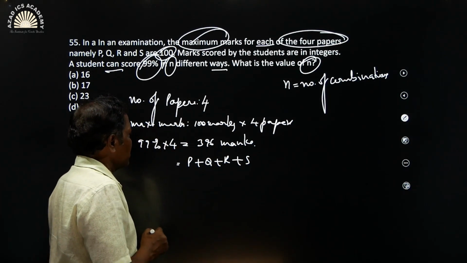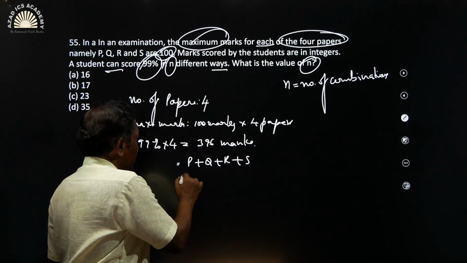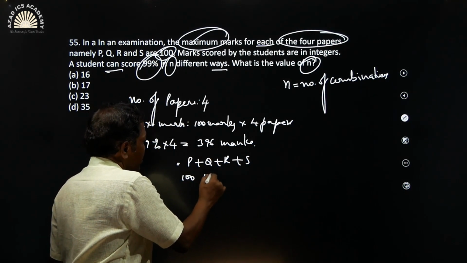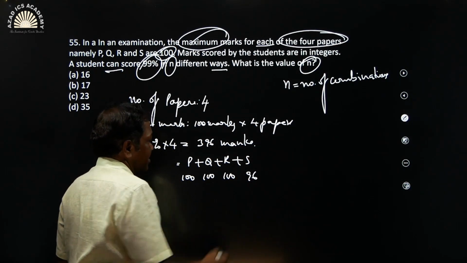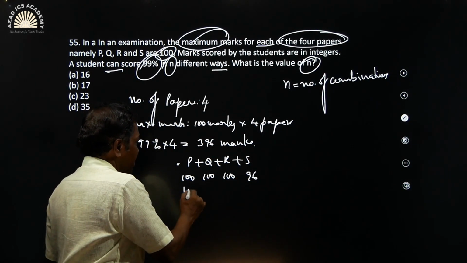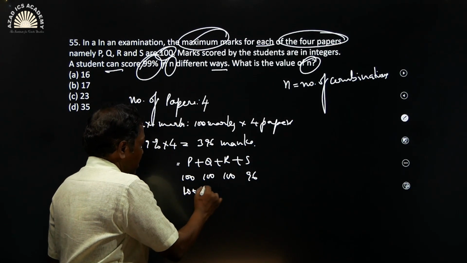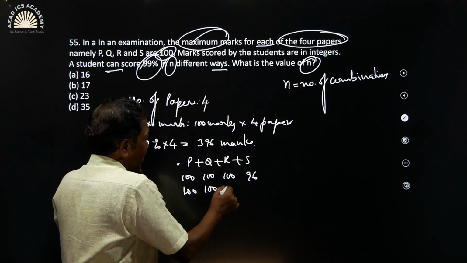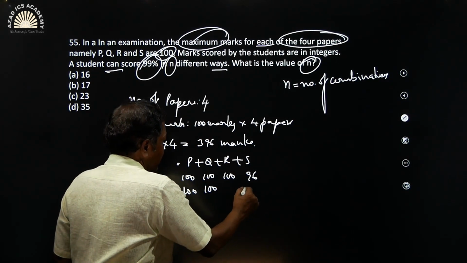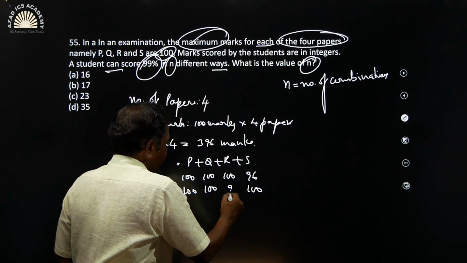How is 396 possible? You can take 100, 100, 100, which is 300, and the last may be 96. Again, if you take 100, 100, that is 200, and the remaining 196 may be split as 100 and 96.